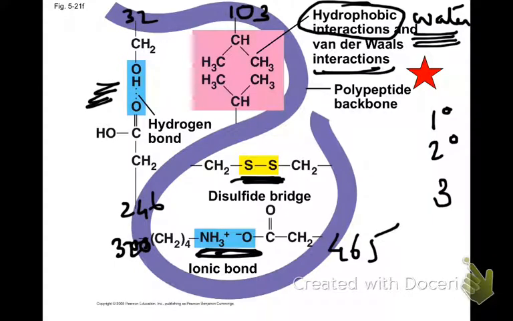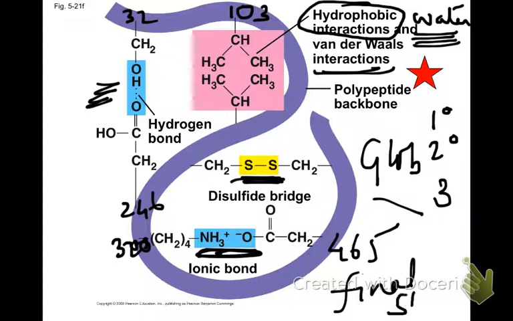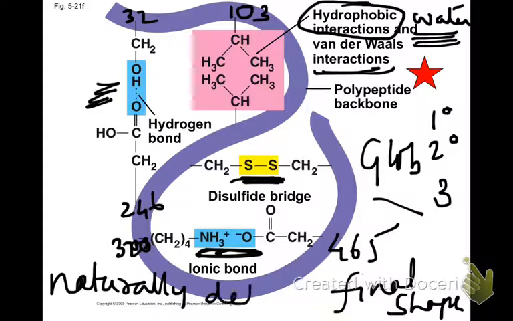So can you see that this kind of bonding makes the protein fold up in different ways and kind of come together as one huge big glob of a final shape and not just like a strand. And this final shape is all naturally determined. You and I cannot decide this.